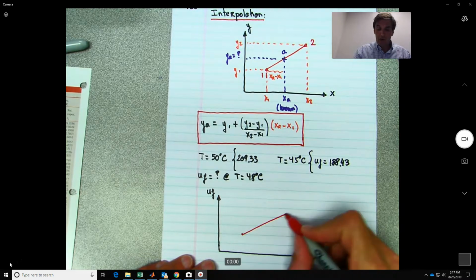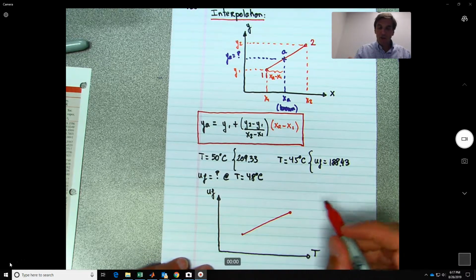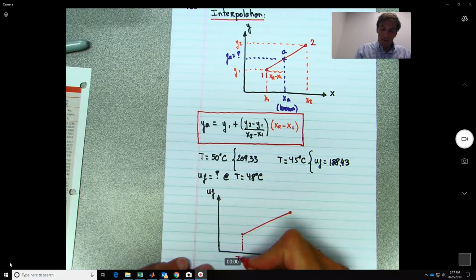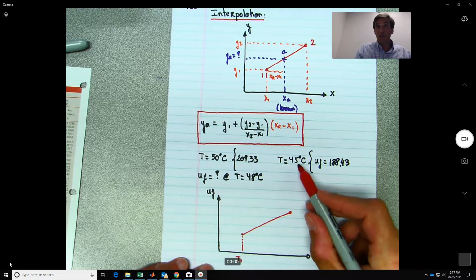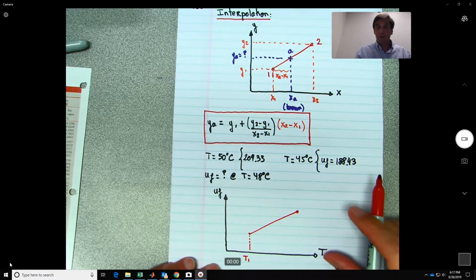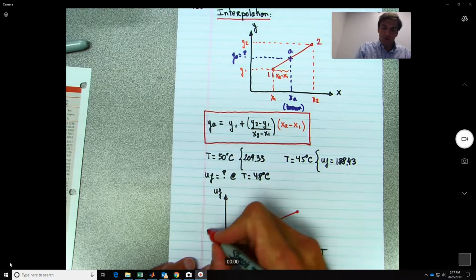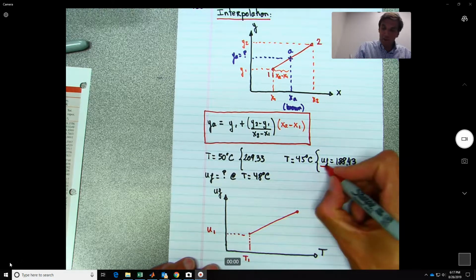We know at T1, which is 45 degrees Celsius, we know u1.